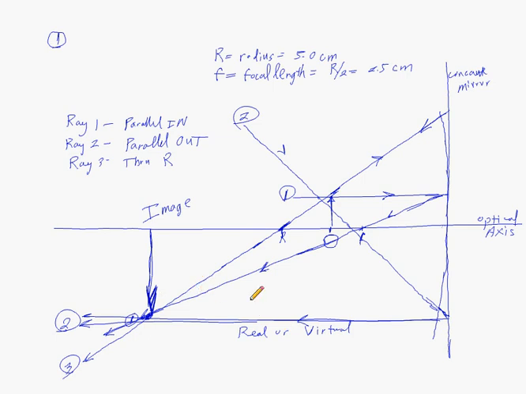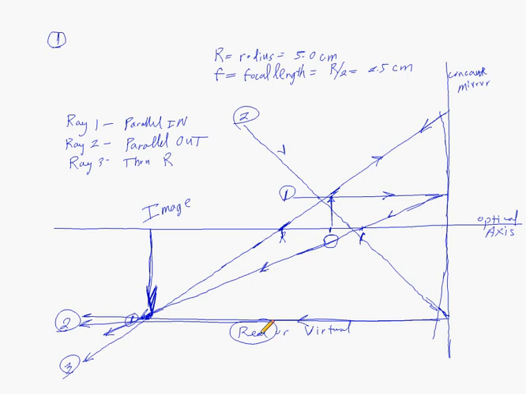And this image you could put onto a piece of paper, onto a wall. Another way to think about it is all of these rays are real rays. Notice none of these are virtual rays. So this is a real image.